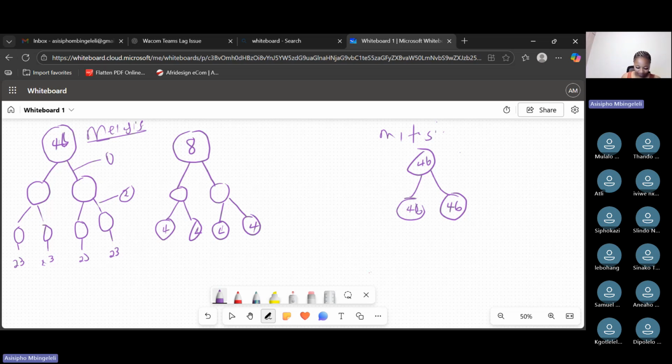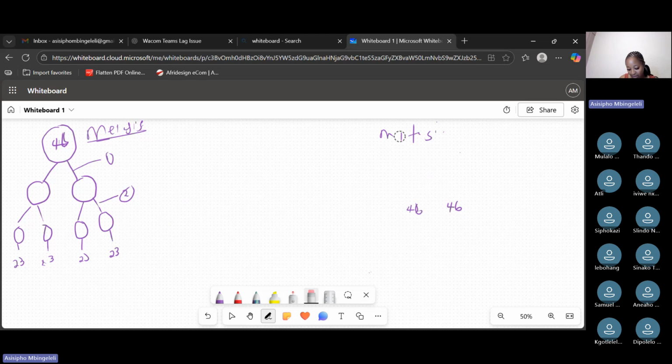Let's look at it now. Remember in meiosis, I spoke about 2 divisions. Now, when it comes to the names of the phases, we are going to indicate the division of that particular phase. So the names of the phases for mitosis and meiosis are the same.